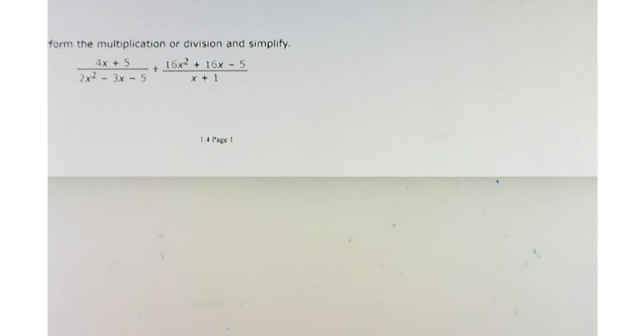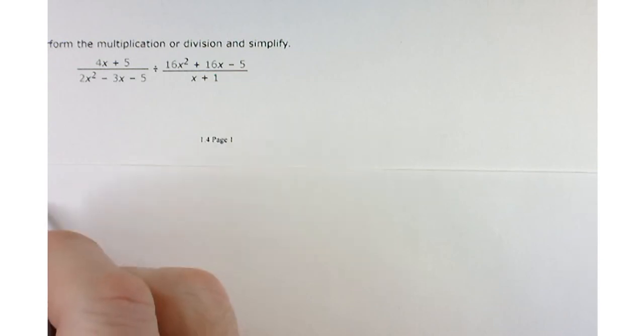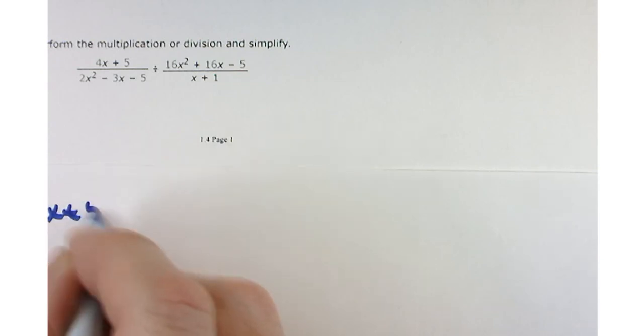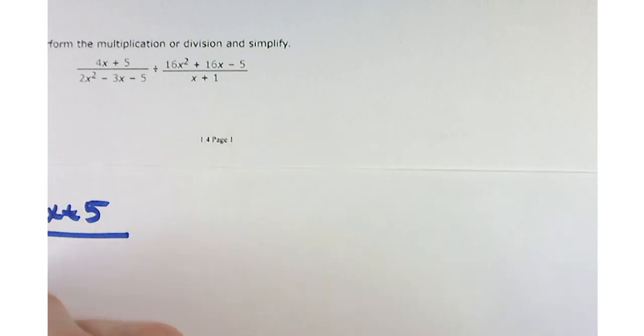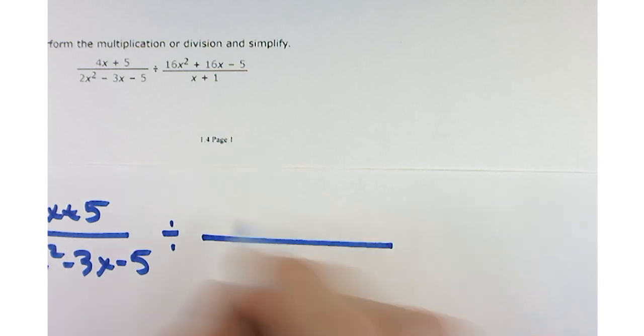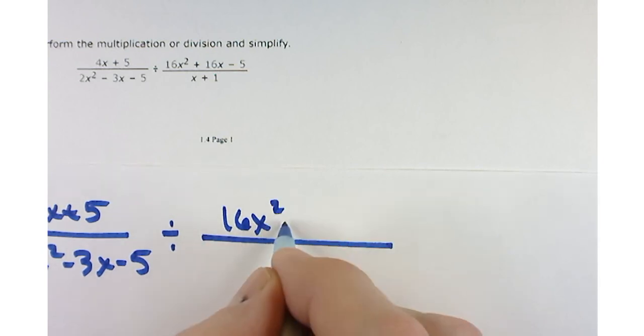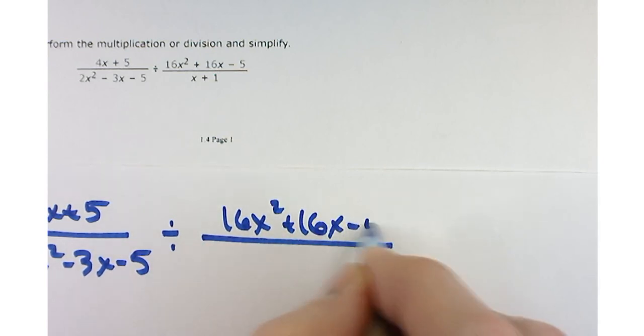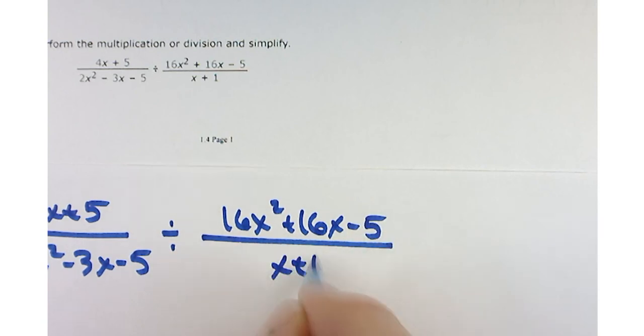I'm just going to copy that on a separate sheet of paper here. So 4x plus 5 over 2x squared minus 3x minus 5 divided by 16x squared plus 16x minus 5 over x plus 1.